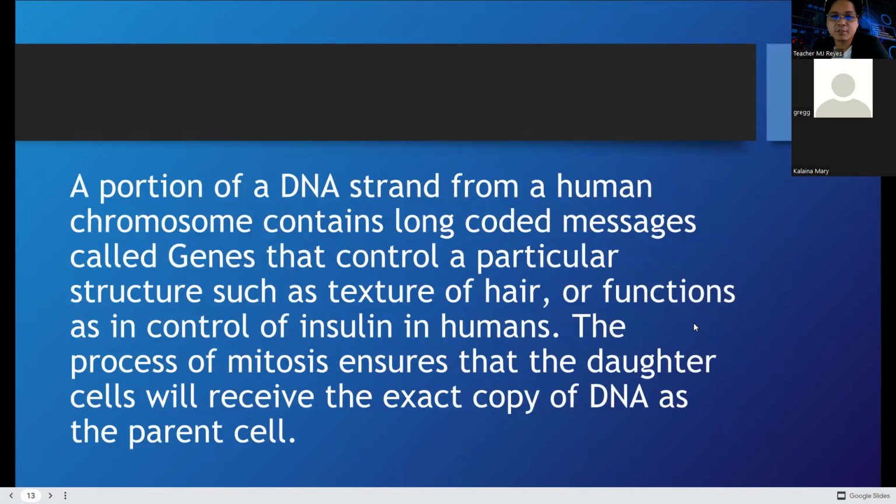A portion of a DNA strand from a human chromosome contains long-coded messages called genes that control a particular structure, such as the structure of the hair, or functions such as control of insulin in humans. Insulin controls sugar. The process of mitosis ensures that the daughter cells will receive the exact copy of DNA as the parent cell. Otherwise, it will create an abnormal cell.